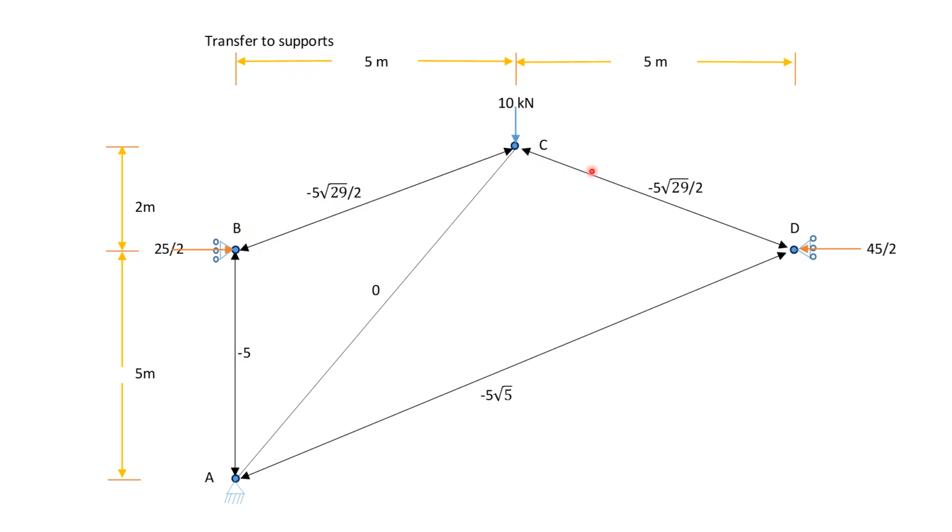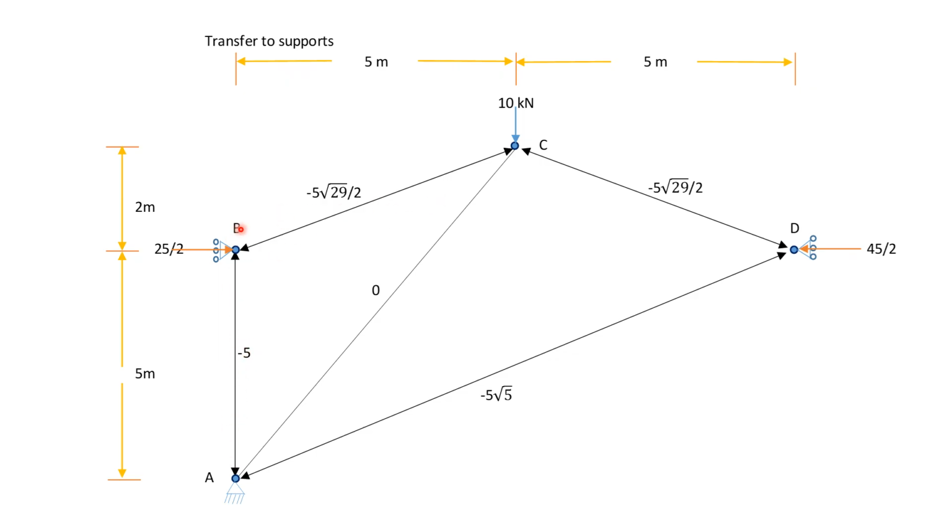And from the slope of this line, you get the compressive force in this member to be minus 5 root 29 over 2, and the same compressive force in BC. Now here, because it's on rollers, to have equilibrium vertically, you need a compressive force -5 in AB.